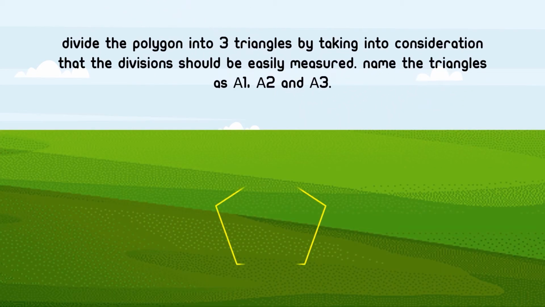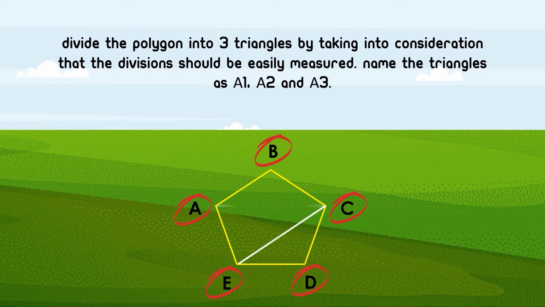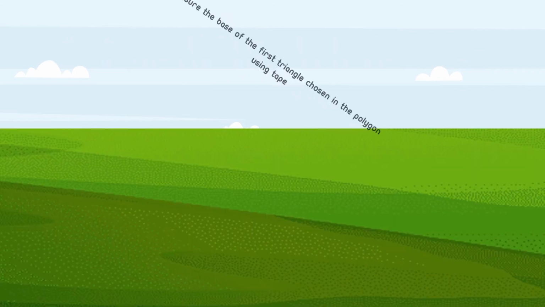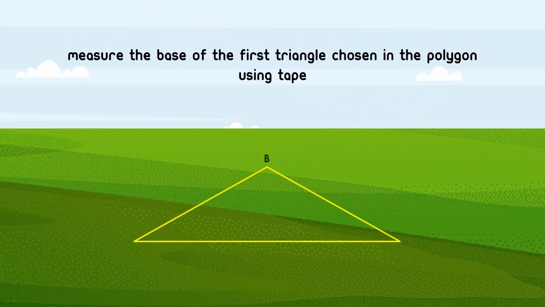Step number 3. Divide the polygon into 3 triangles by taking into consideration that the divisions should be easily measured. Name the triangles as A1, A2, and A3. For the 4th step, measure the base of the first triangle chosen in the polygon using tape.